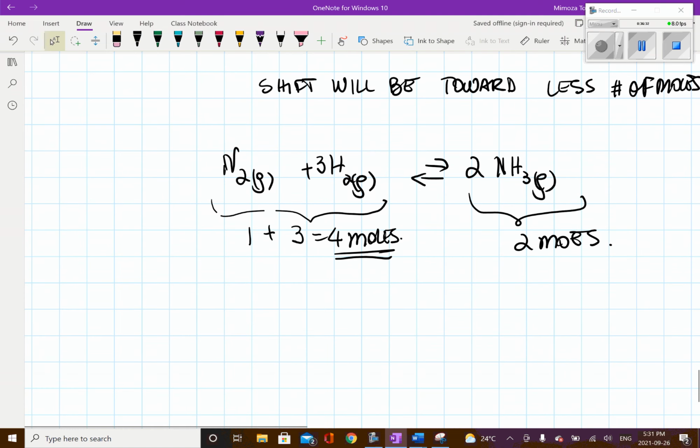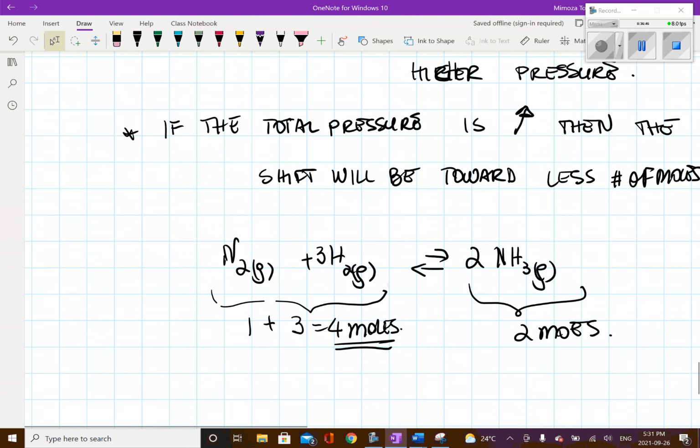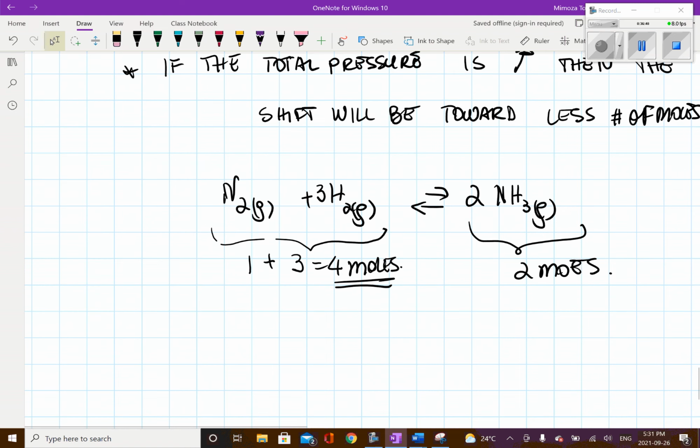Keep in mind that pressure and volume are inversely proportional. So whatever we say for pressure will be the opposite for volume. Makes sense? So if the pressure is increased, we'll go toward the lower number of moles, which will be toward NH3, correct?